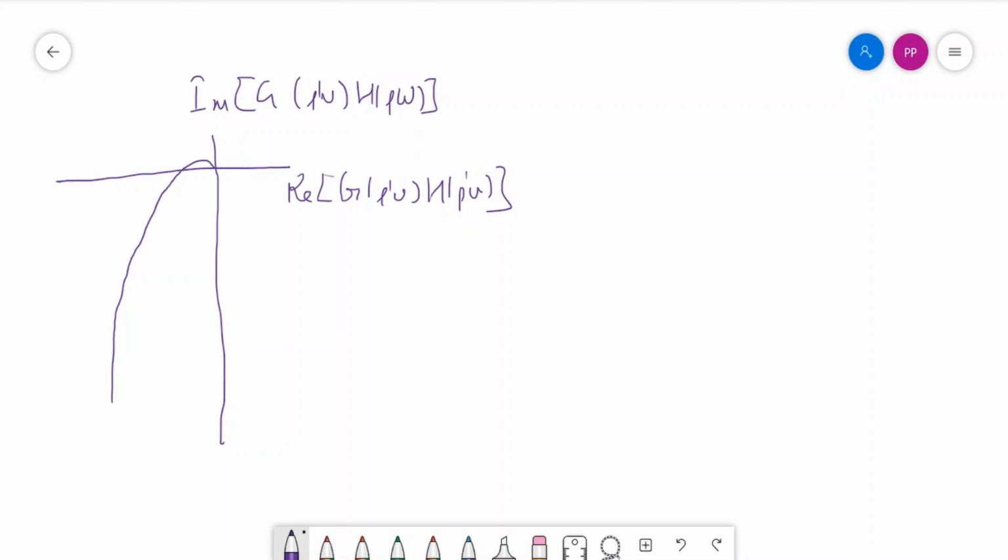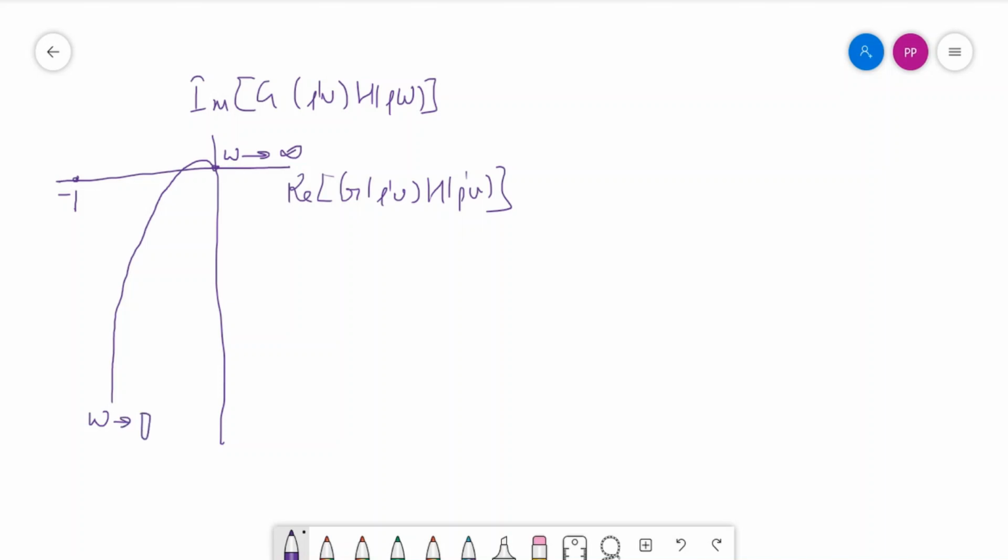The control systems are low pass filters, so the gain at high frequency is very small. This is the -1 point on the negative real axis. Then this is the origin where the system will be observed at infinite frequency, and here we have omega tends to 0, which is actually the ending frequency.